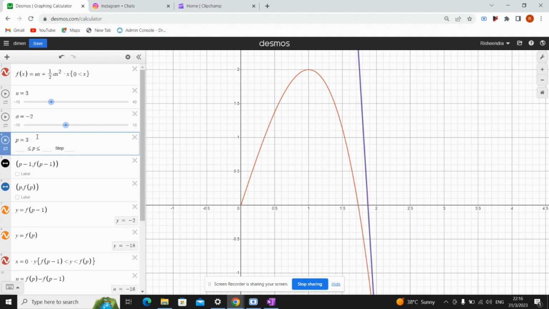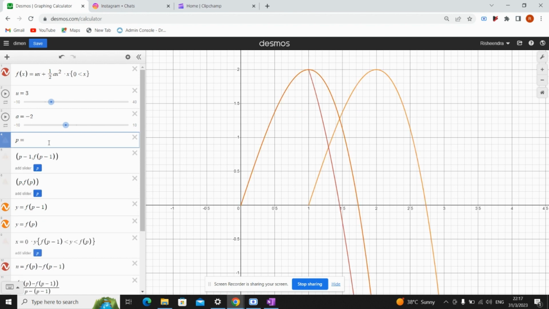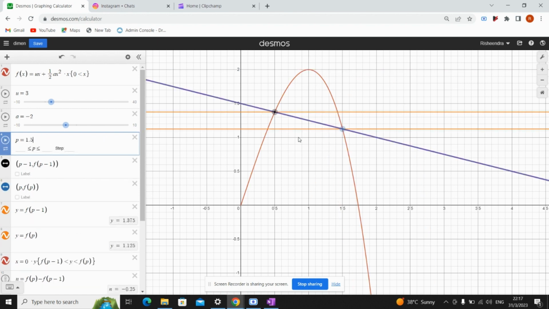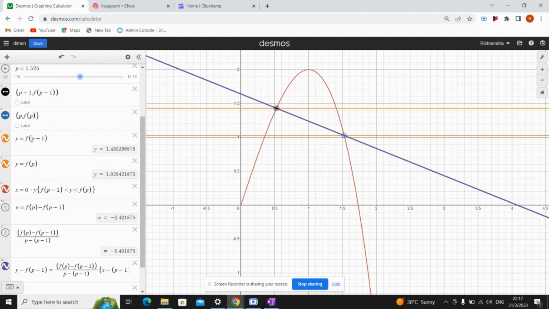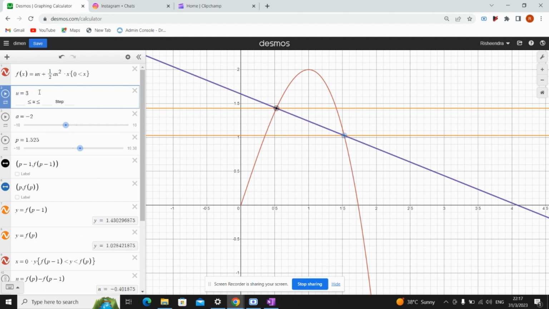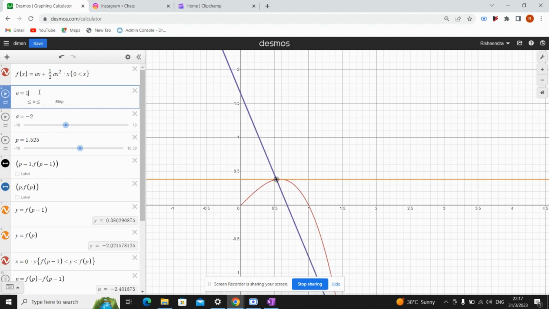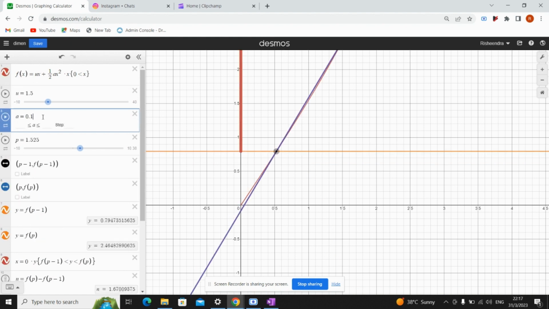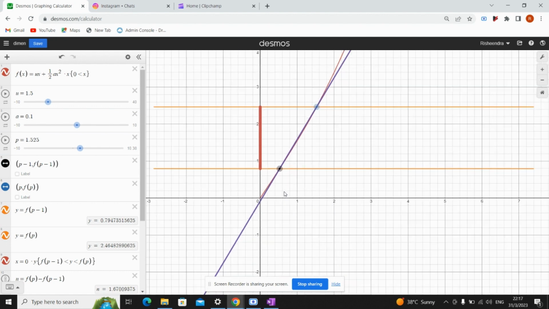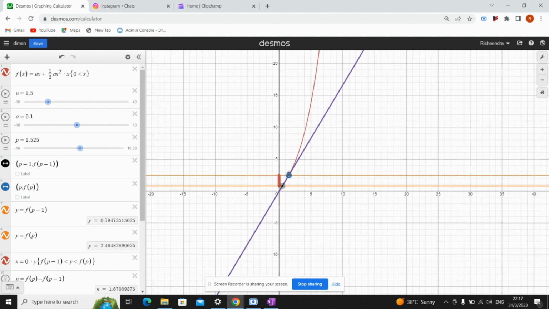You can play with this. You see the distance traveled by the particle between these two points. But let's get back to our initial values: u equal to 1.5 and a equal to 0.1. p can be any number here.